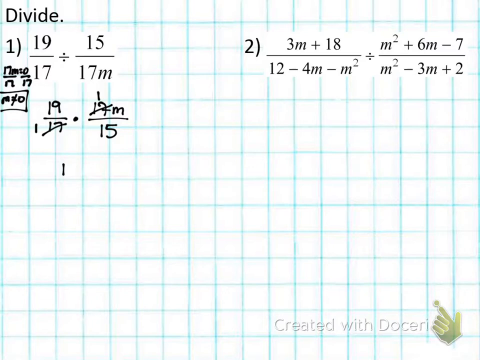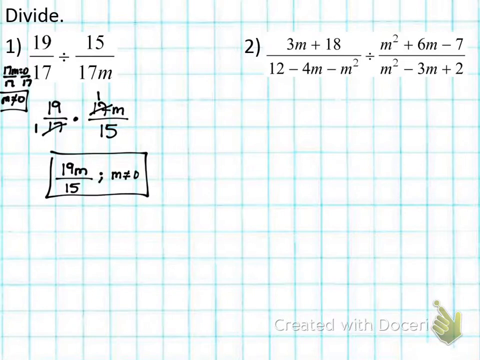So we have 19 times 1 is 19, and we have an m there. And then 1 times 15 is 15. And I ask myself, can I simplify 19 and 15? Nope. Semicolon. Write your excluded value, m cannot equal 0. That's number 1.